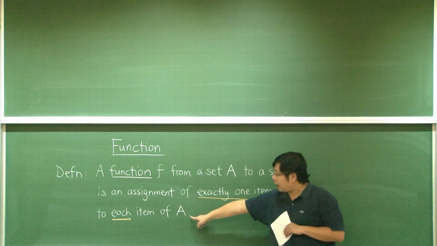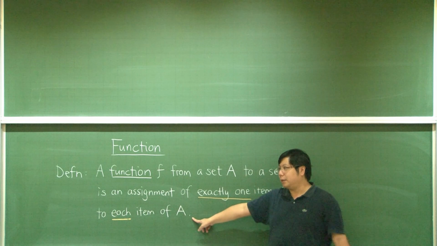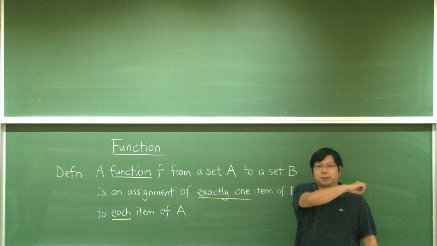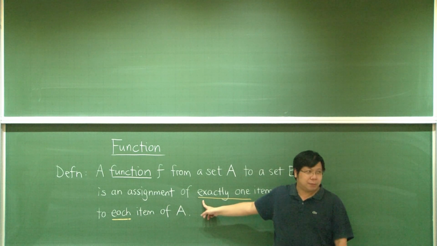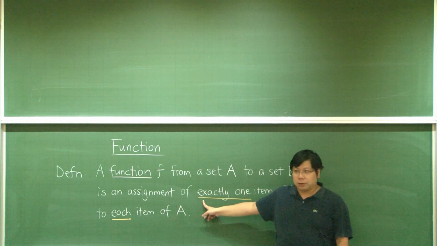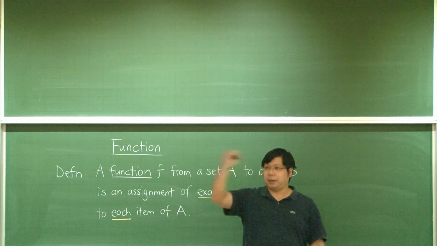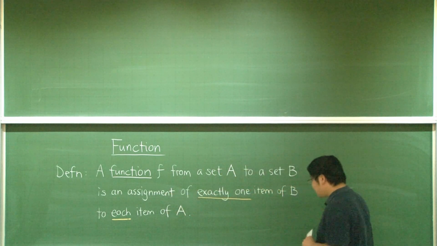The assignment should work for each item of A. So every item in A, you need to find something in B to correspond to it. And there is only one item in B corresponding to any item in A. So a particular item in A has only one correspondence in B. It will not map to two different things in B. So let's have an example.